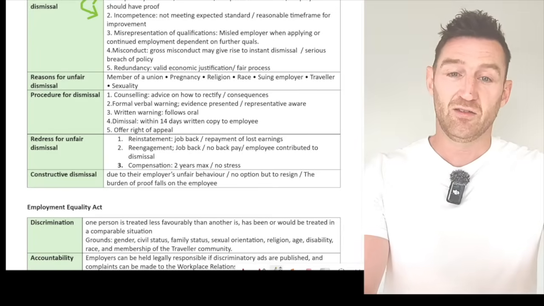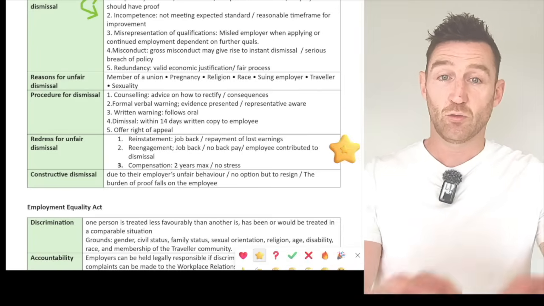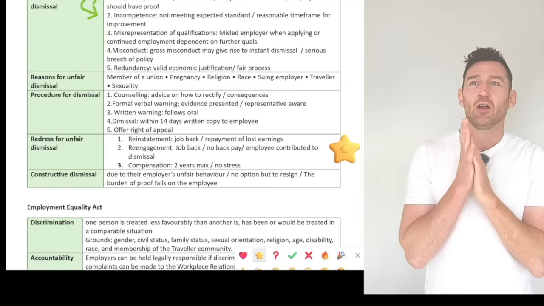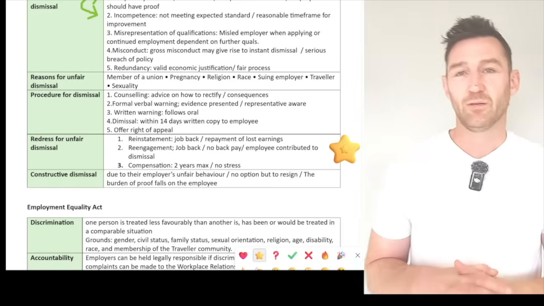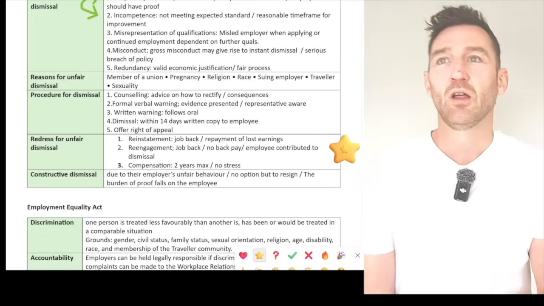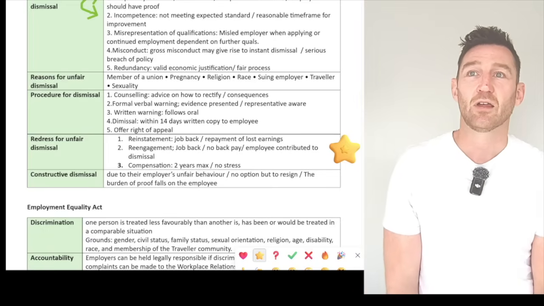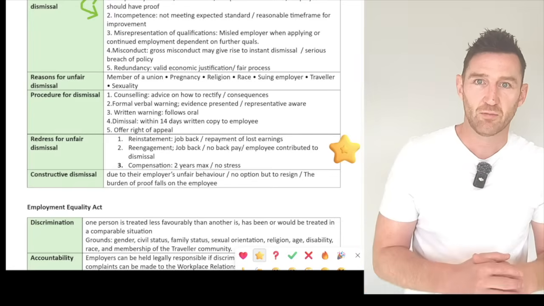One that I just think looks overdue, and it is up in the prediction videos, is this one here, the redress for unfair dismissal. The marking scheme in this is a little bit weird. If it came up a few years ago, the question was pretty straightforward: outline the redress for unfair dismissal.